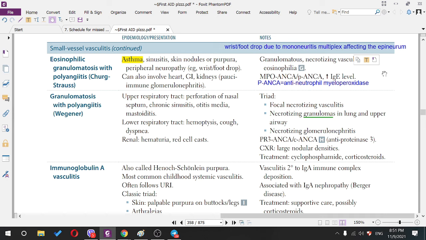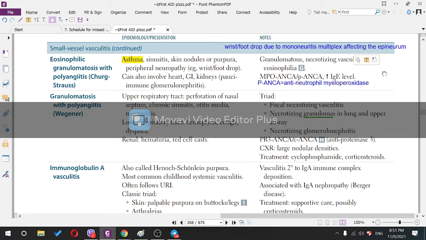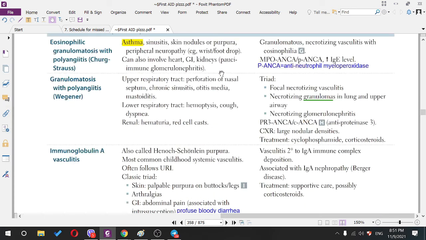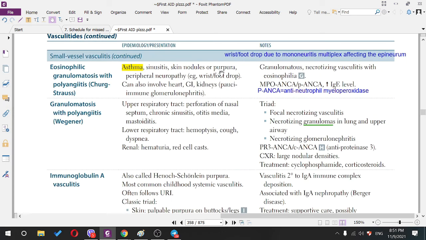So let's speak a little bit about the Nazis. So there were these Nazi scientists. The first one is called Churg-Strauss, the second one is named Wegener, and the third one was Henoch-Schonlein. Three Nazis. They discovered many diseases, and after their discovery of these diseases, they published them.